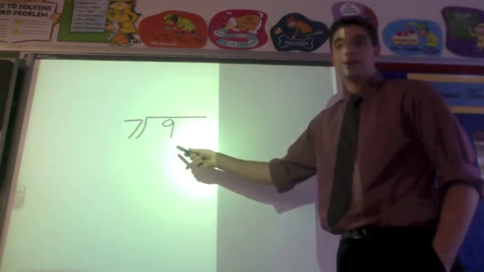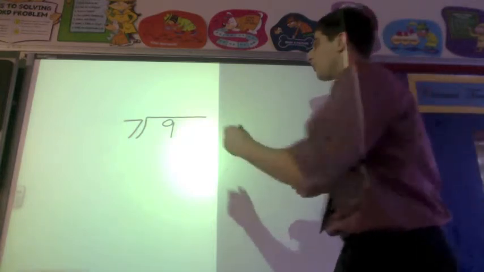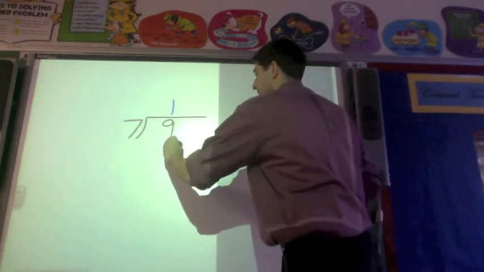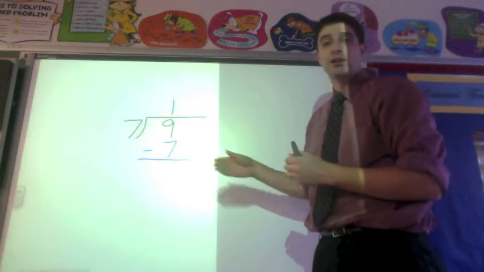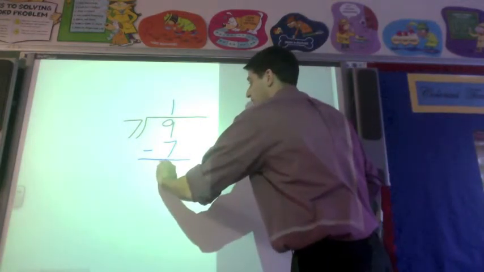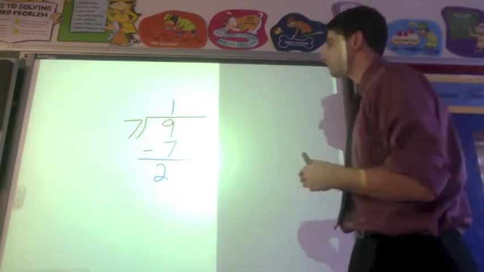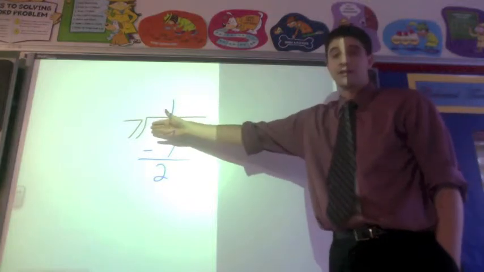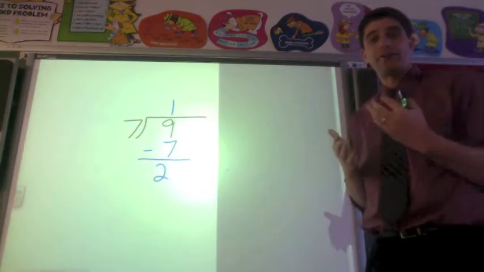How many times can 7 go into 9? If you said 1, you're right. 1 times 7 is 7. I now subtract 7 from 9, and I have an answer of 2, or a remainder of 2. So now my quotient, my divisor, and my remainder all play a part in my final answer.